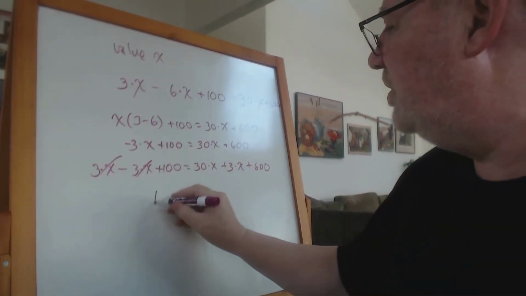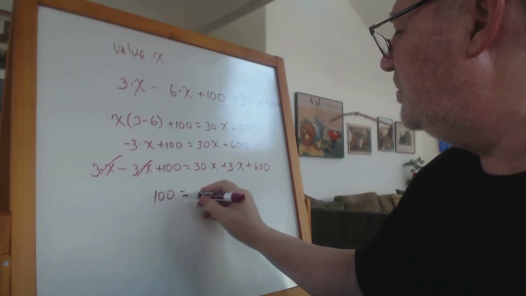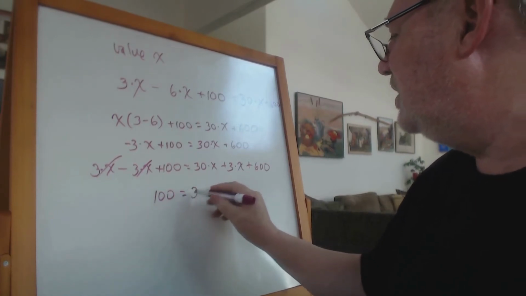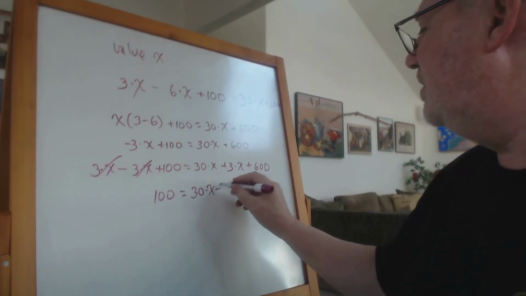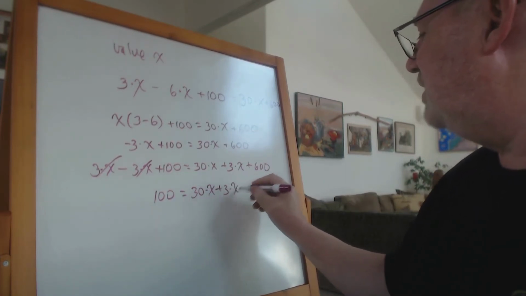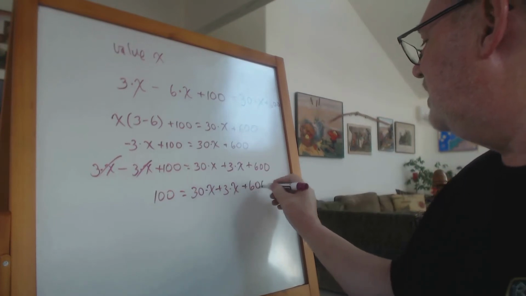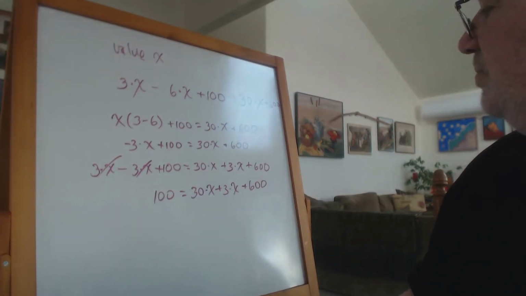I have 100 equals 30 times x plus 3 times x plus 600. You can see things are getting a little simpler.